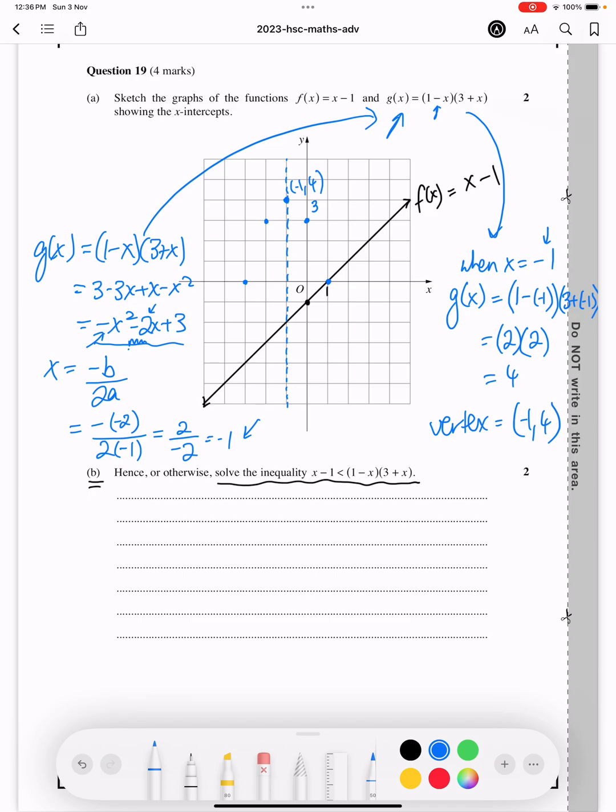So g of minus 4 equals 1 minus minus 4, 3 plus minus 4, which equals 5, and then 3 minus 4 is minus 1, so that is going to be minus 5.